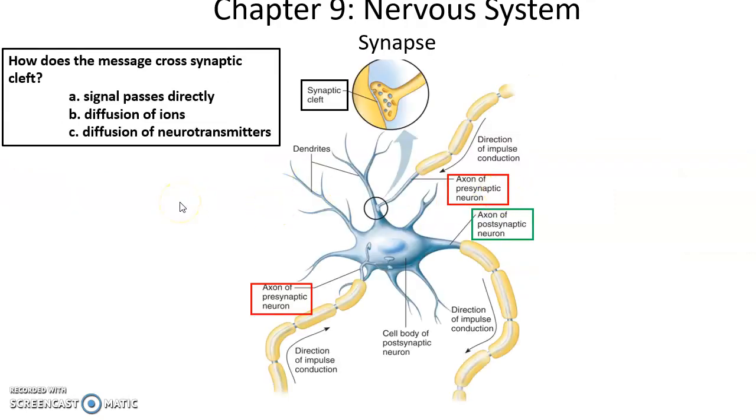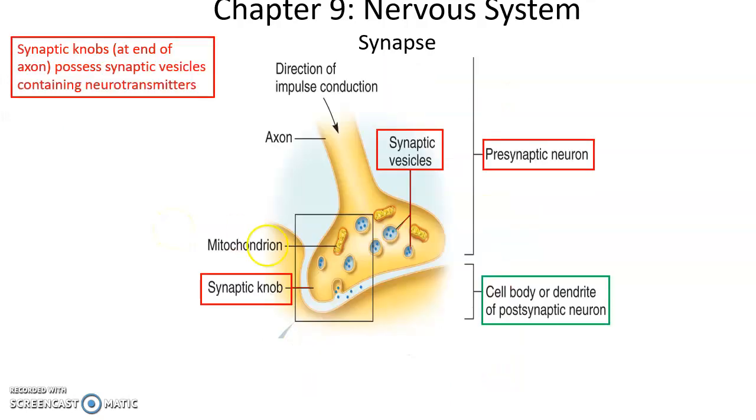So how does the message cross the synaptic cleft? How does it get past that thin little space? Here's the options. Hope you got diffusion of neurotransmitters. So the synaptic knob releases neurotransmitters that diffuse across the synaptic cleft to the next cell. So here we have the very end of an axon for a presynaptic neuron.